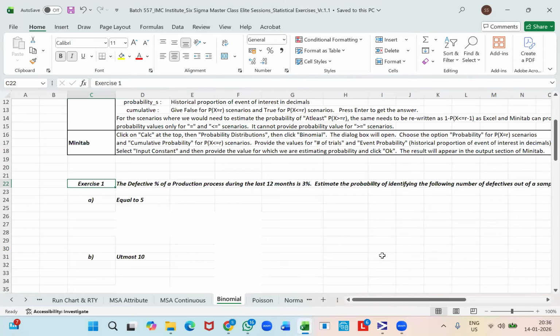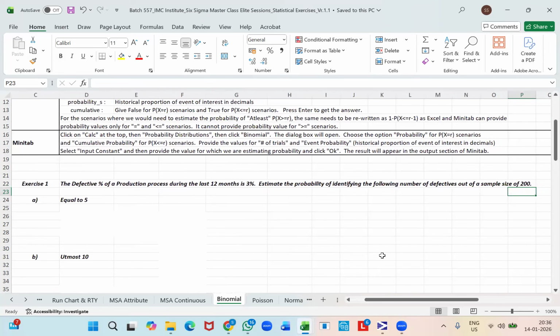It says that the defective percentage of a production process during the last 12 months is 3%. So this is the historical information that has been given to us. With this information, we have been asked to estimate the probability of identifying the following number of defectives out of a sample size of 200, right?